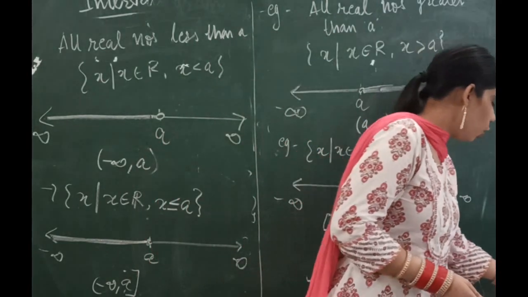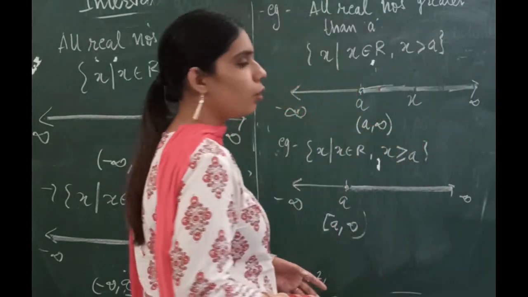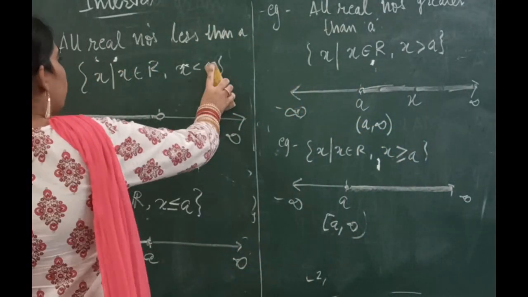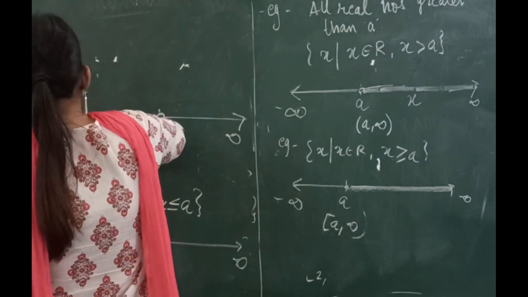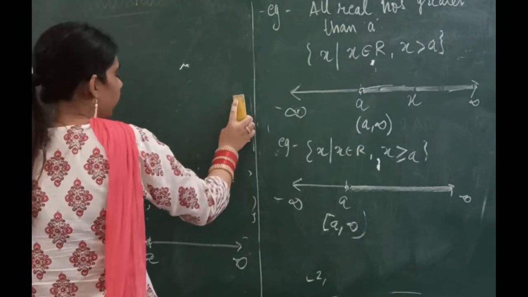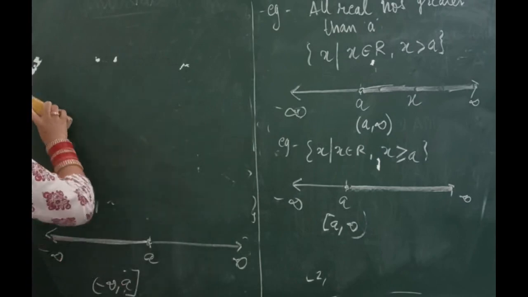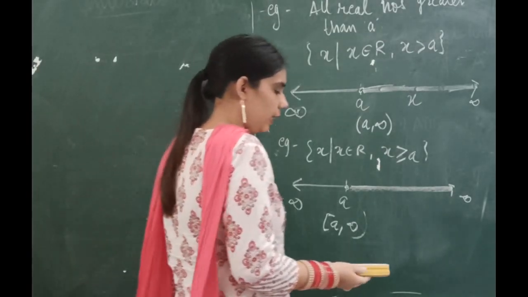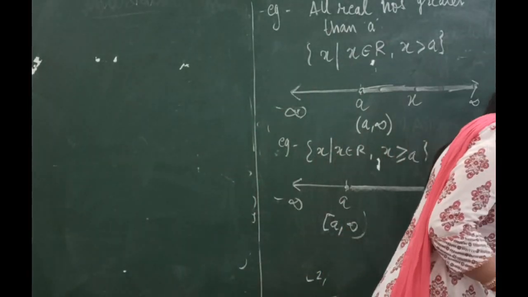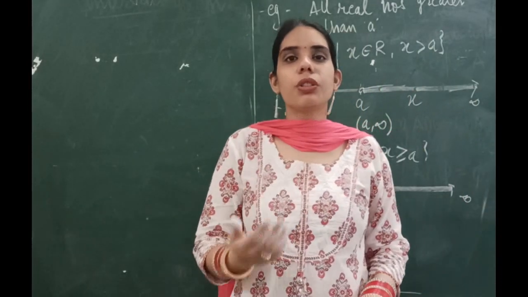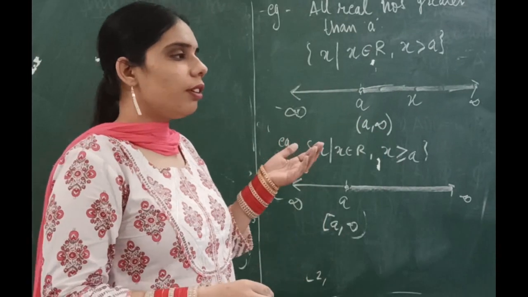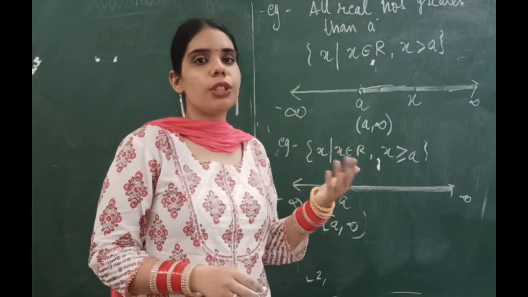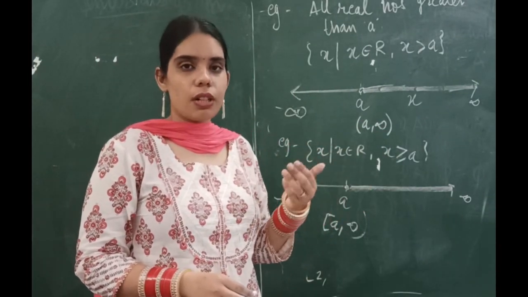So the next topic that we are going to do is relation. So students, what do you understand by relation? Relation is nothing but a term that we generally use in daily life. आपका और मेरा relationship एक teacher और student का है. Your father and you have a relationship of a father and a daughter or a father and a son.